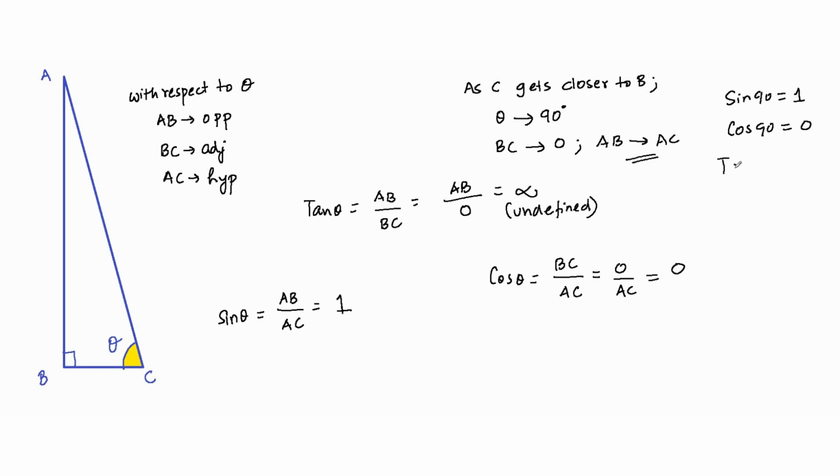Therefore, the value of tan 90 is undefined, also represented by infinity, because any number divided by 0 tends to infinity. So this is how we calculate the trigonometric ratios for angle 90 degree. Let me again leave you with this particular slide, and then we will fill these values in the trigonometric table.